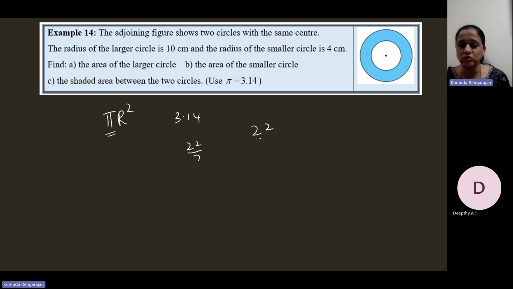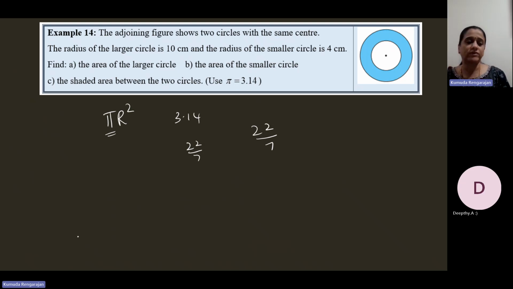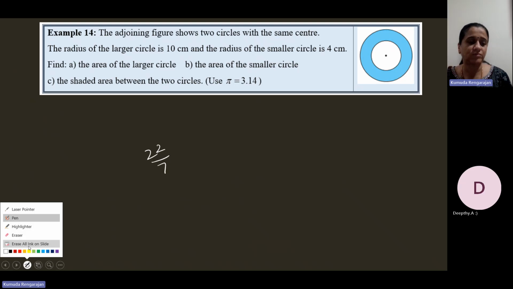You always have to take 22 by 7, but if 3.14 is mentioned, then you have to take 3.14. If nothing is mentioned, then pi is 22 by 7. So here it's given 3.14, so you'll have to use pi as 3.14.